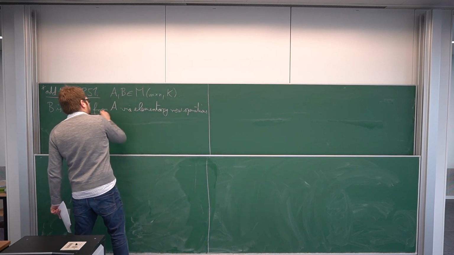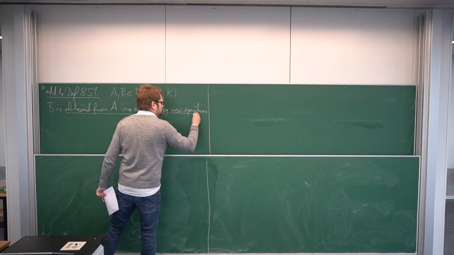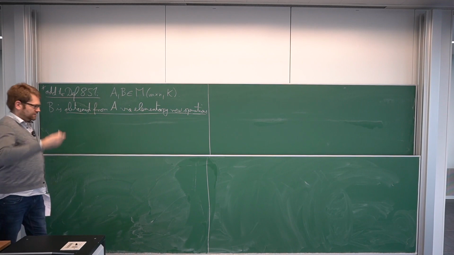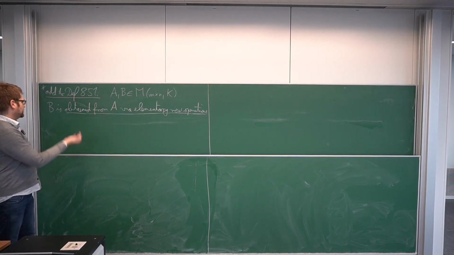This is something which is easier to verbalize than to write down explicitly as a formula. If we can take A, apply a sequence of elementary row operations, and then get B in the end.